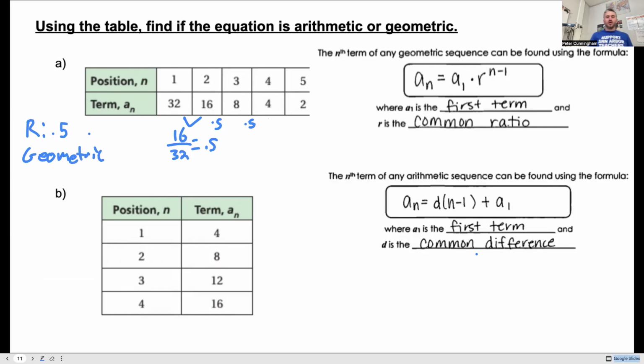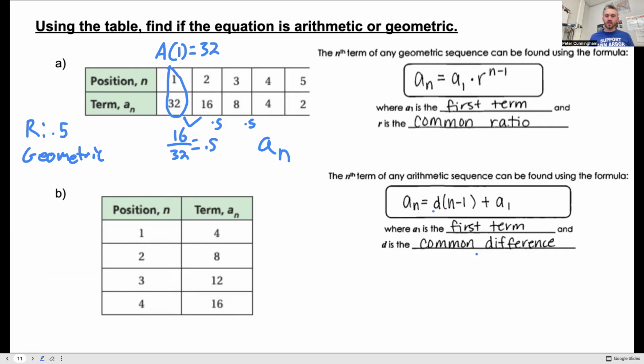Okay. The first term is 32. So my first term, just to make note of this, my a of 1 equals 32. So when I'm writing this rule, I would say, okay, a of n.